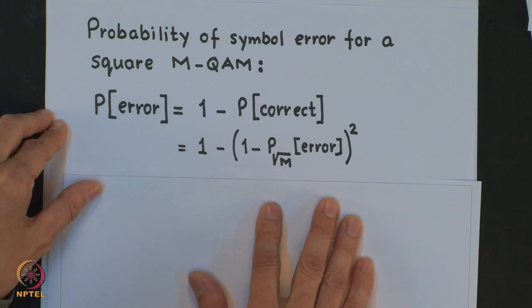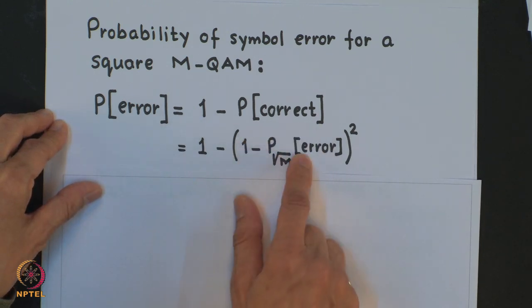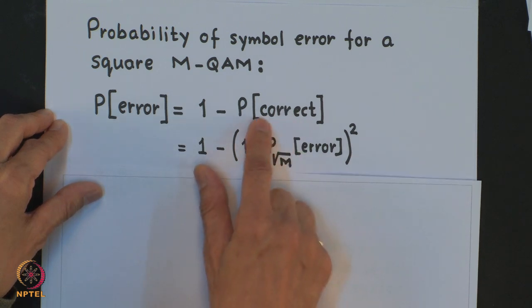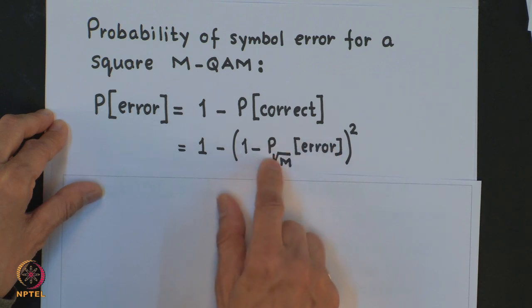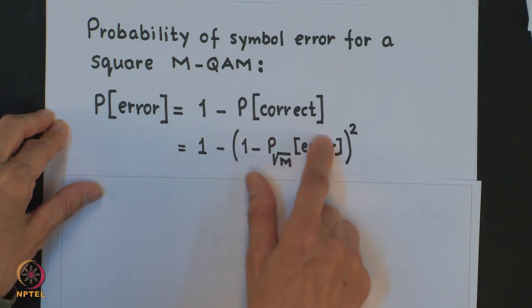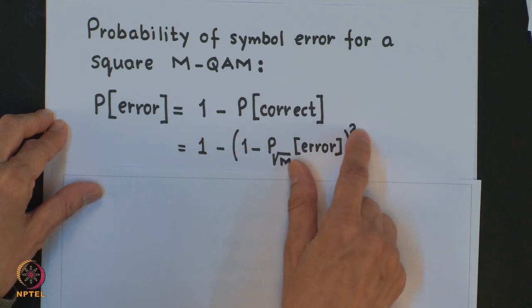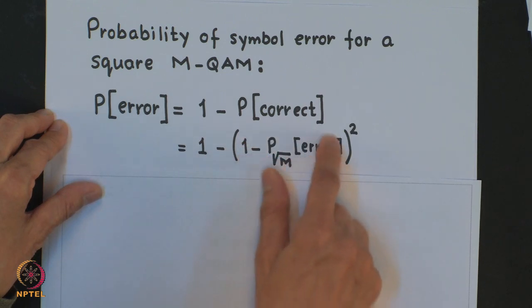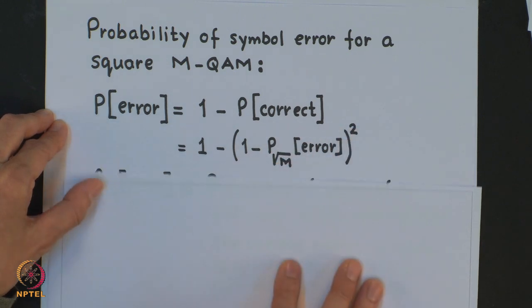Probability of correct decision will happen if there are no errors in both the ASK channels, which means that probability of correct detection is equal to 1 minus probability of error in any one of the channels, and then the square of this expression. So, this is the probability of correct detection in one of the channels. Both the channels should correctly detect, therefore squared.